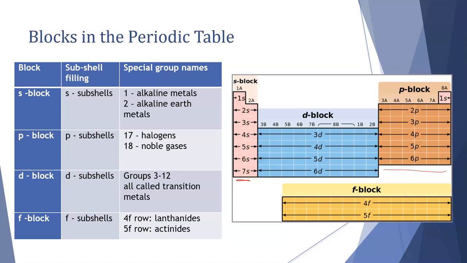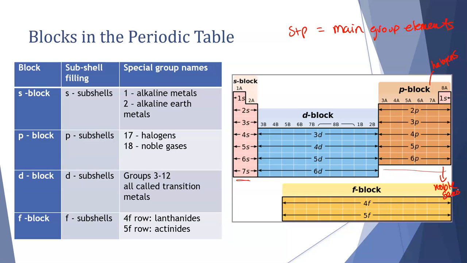In the D block, the electrons are being placed into D subshells, and then the F block into F. These blocks, S and P together, form the main group or main block elements. The D block is our transition metals. The P block also contains our halogens, which are group 17, and our noble gases, which are group 18.